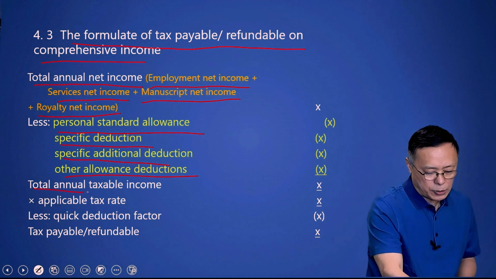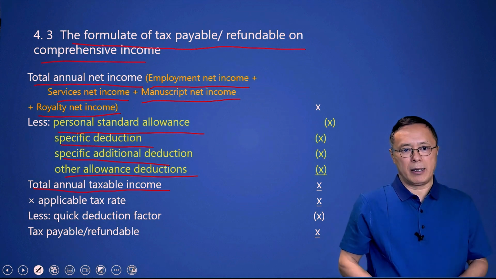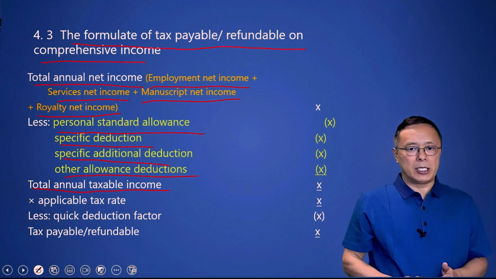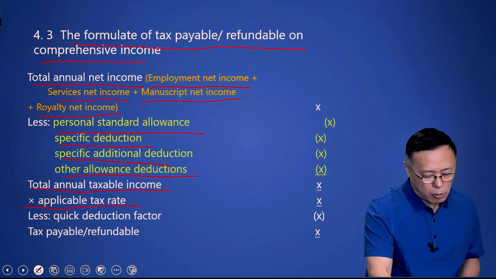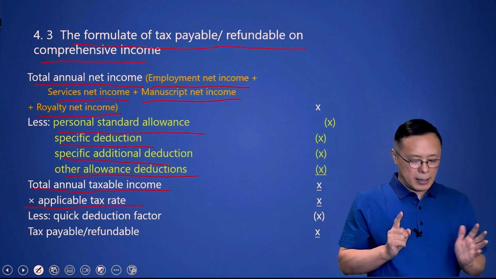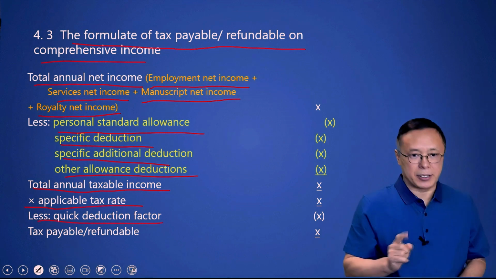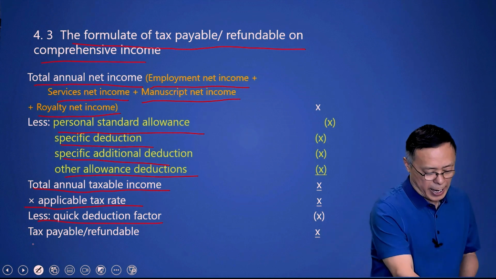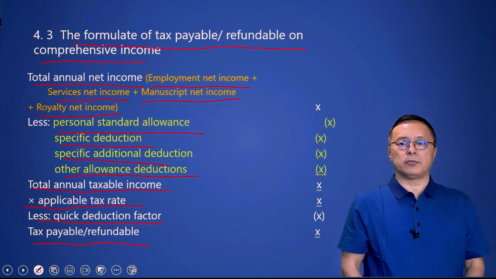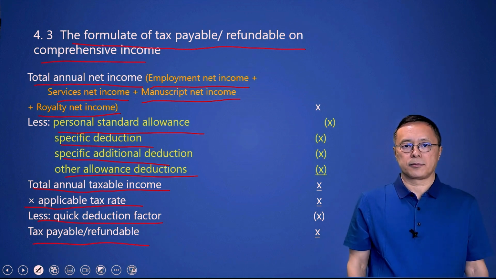Here we obtain total annual taxable income. It's the most critical parameter we need. Then times applicable tax rate, less quick deduction factor. So we obtain the ultimate result, tax payable or refundable.